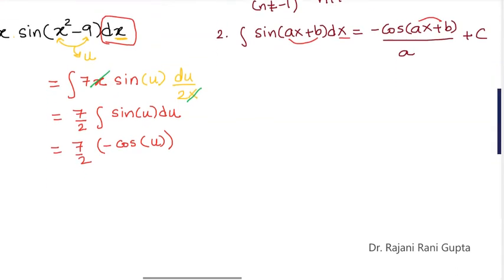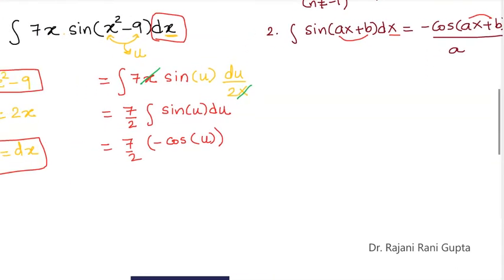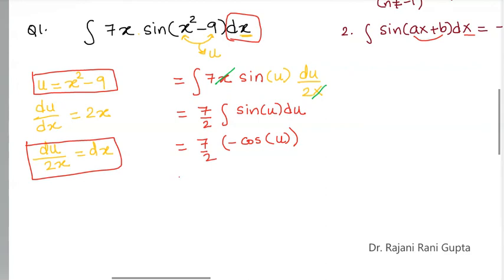Now let's return to our original variable. It's always better to write the minus sign in the beginning. So this gives you minus 7 over 2 cosine. The original value of u was x² − 9, so we write x² − 9.